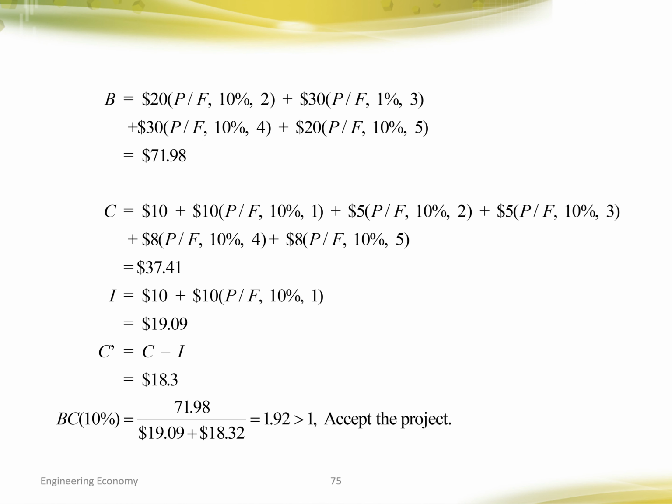So for the example, we can clearly see that we can compute benefit. Okay, here we take them all to the present time, given F to P, given F to P. Here for cost, we do the same for all cost occurrences.